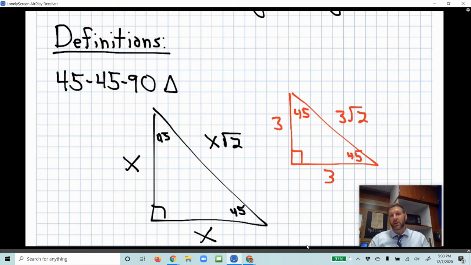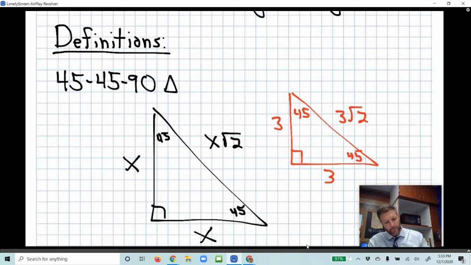You can put that in a calculator and find that out as an actual decimal, but in this chapter we'll be expressing it with the radical, or with the square root, as part of the answer. So you just simply have 3 square root 2. Again, I could do lots of other examples, but you'll be practicing that later on. Just know the two legs are the same, and the hypotenuse is that leg distance times the square root of 2.